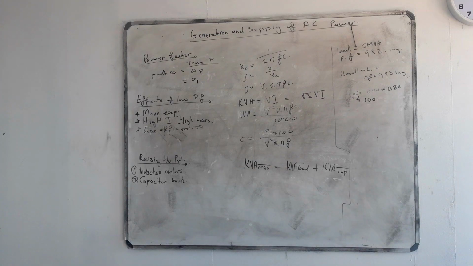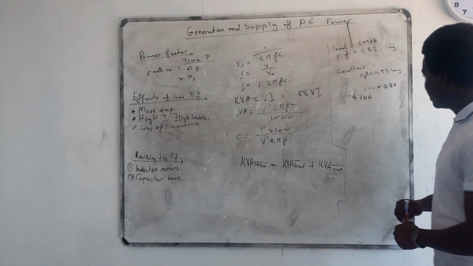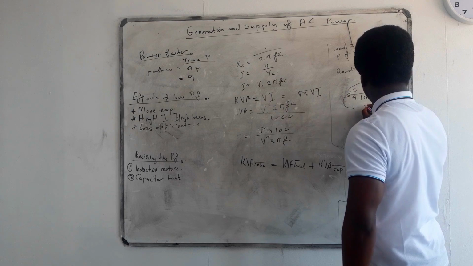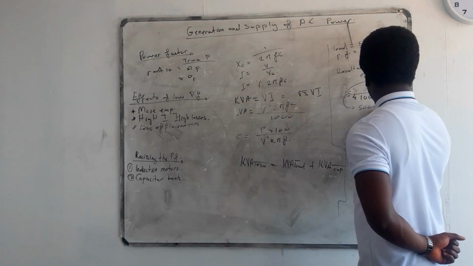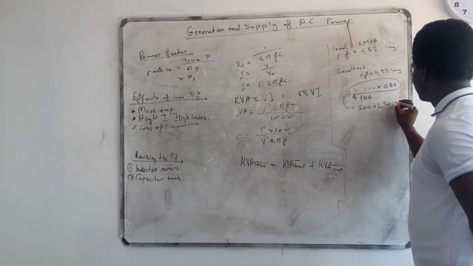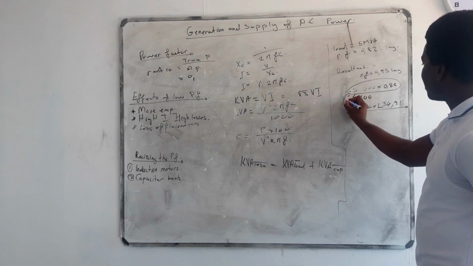What do you get? 34.91. So this is equal to 5,000 at an angle of 34.91. Now, this is the load power that we have.